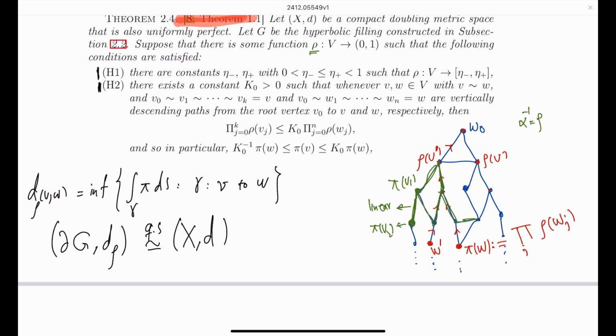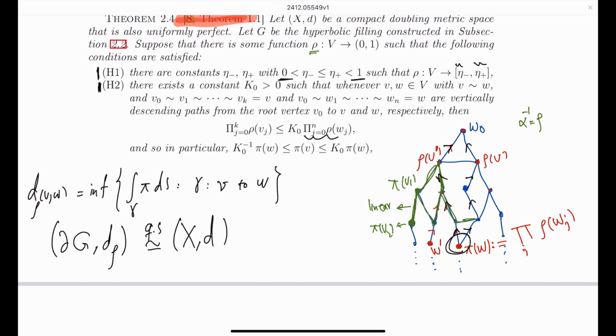And let's have a look at some of these conditions. For instance, the first condition says that rho is away from 0 and 1. So there is a lower bound and upper bound. The next condition, H2, says that the choice of this pi would not have been too different if we took any different path, because we assume, remember these are assumptions, that if you fix one vertex, no matter which one of these vertical paths to the root you choose, the multiplication would have been comparable.